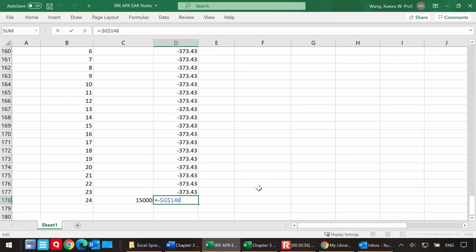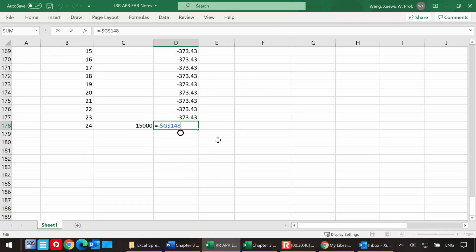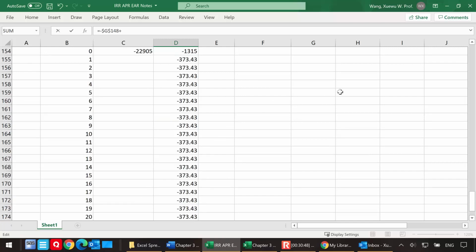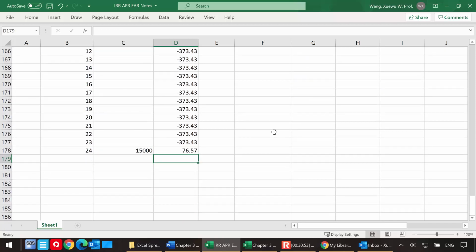Remember, you paid 450 and you preserved the car value well, so you can get your security deposit back. So here I add back the 450. In the last period, you get a check from the dealer. The dealer says, in the last period you pay 373.43, but I have to refund you the security deposit. So the difference is $76.57.